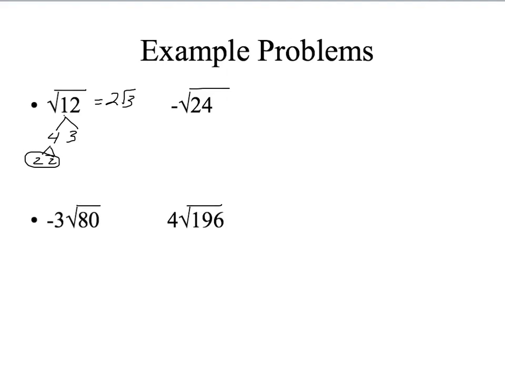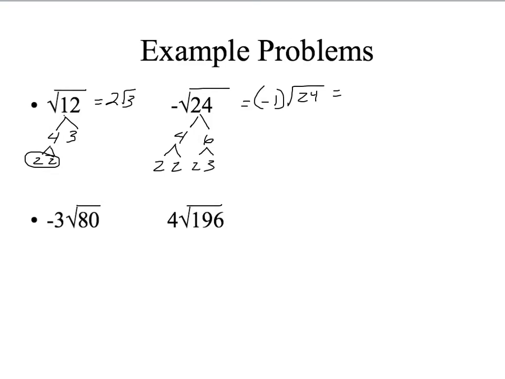Now let's look at this. Negative square root of 24 is really like saying negative 1 times the square root of 24. Okay? So let's break 24 down. 24 breaks down into 4 times 6, right? And 4 breaks down into 2 times 2. 6 breaks down into 2 times 3.